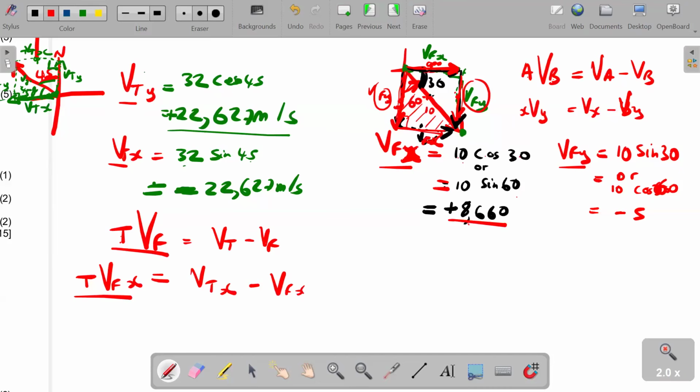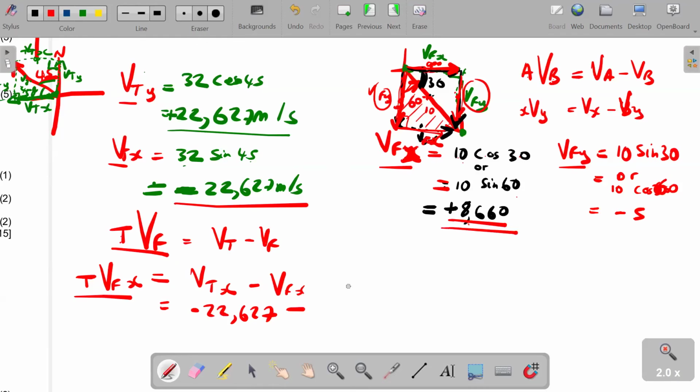So what are we going to do? We take the horizontal components on their own. We are checking for the summation right now of the horizontal components. So let's check VTX. What did we get for VTX? We got minus 22,627. This is what we were having. Minus VFX, what did we get?